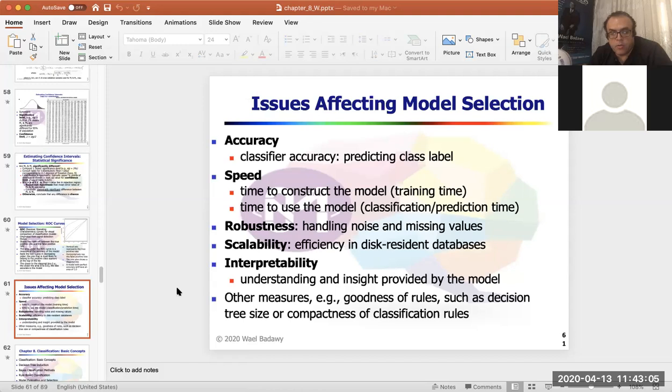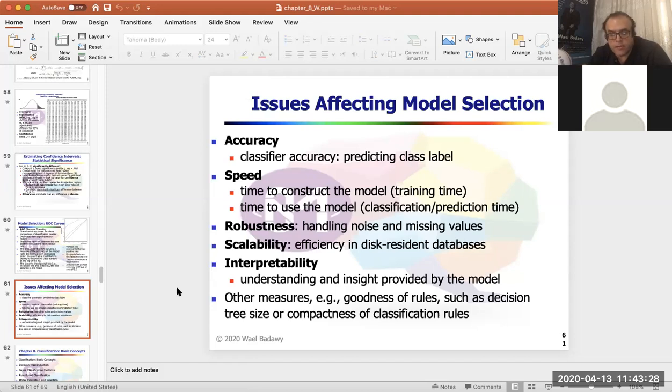I can also speak about how easily it manages noise and outliers. I can talk about the scalability: can it be done in memory, or does it need disk space? I can talk about the interpretability, which is how we can look at the insights.